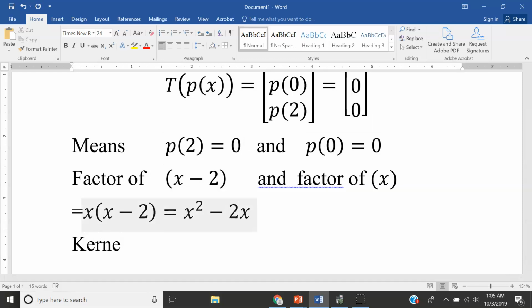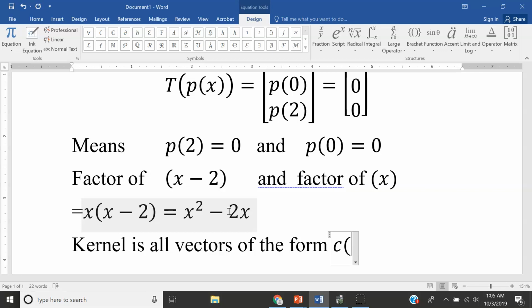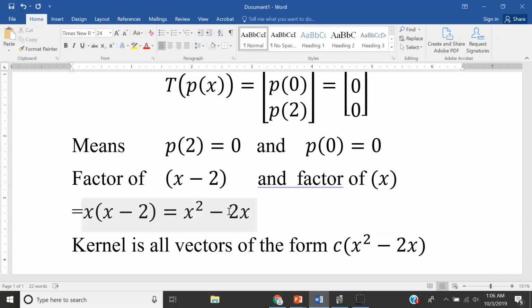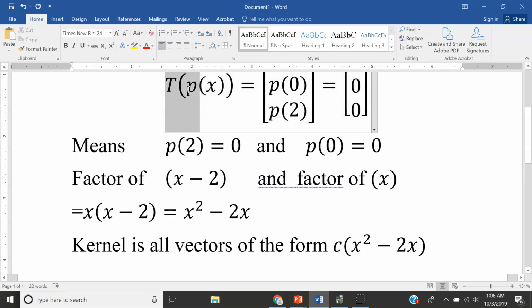So the kernel is all vectors of the form a scalar multiple c times x squared minus 2x. All right? You could distribute that c in if you wanted to, but that's it. So the kernel is all vectors of that form. Hopefully that makes sense. That we needed a factor of x and a factor of x minus 2 to make both these things 0.